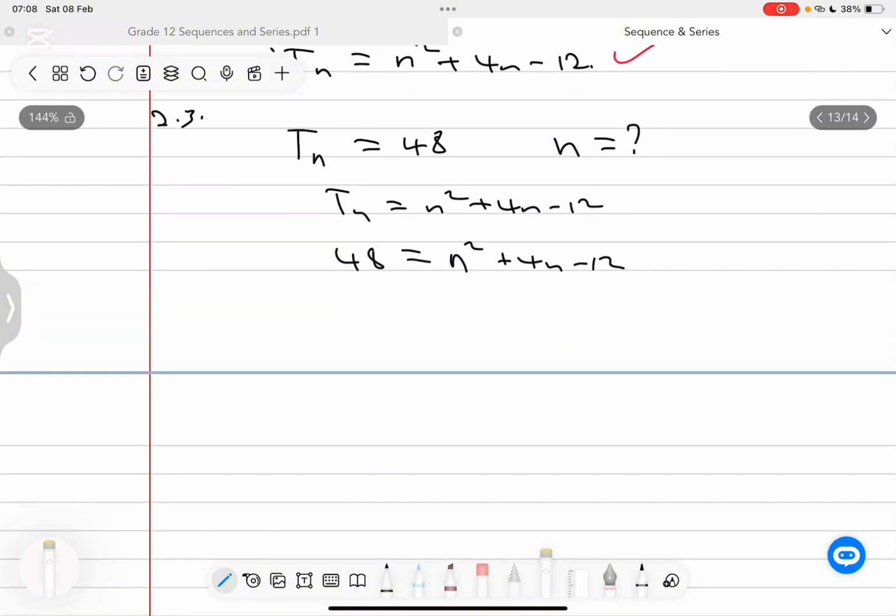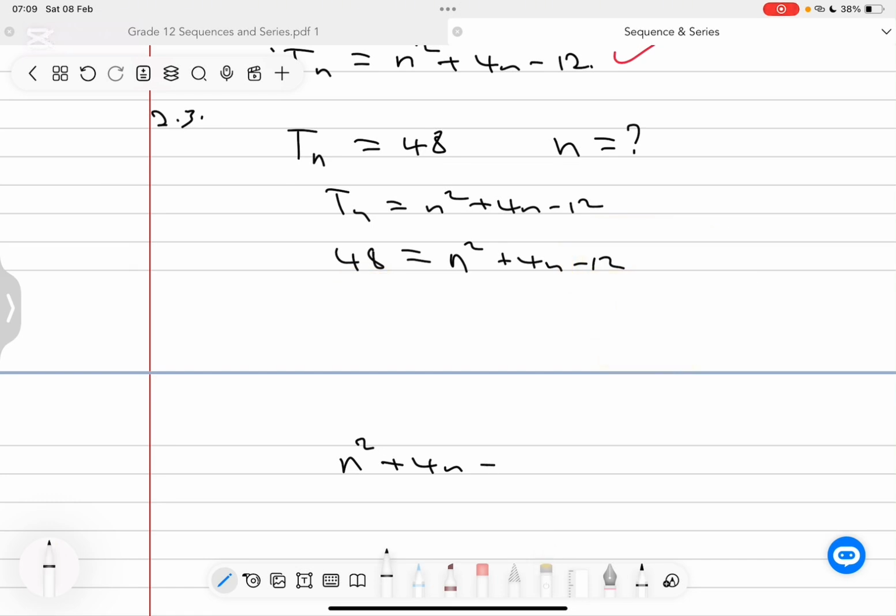And as usual, when we solve this type of question, we take the 48 to this side, so that I now have n squared plus 4n, and here we're going to have negative 12, negative 48. Remember, the 48, when it goes that side, is going to be a negative, and we can clearly see that negative 12, negative 48 will give us a negative 60.